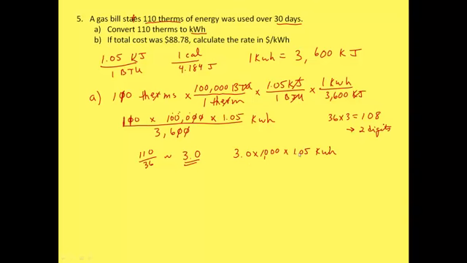We just multiply the 1.05 times 3 and end up with 3 and let's say 3.1. Actually 3.15, and the 3.15 moves up to 3.2. So 3.2 times 1,000, and that is equal to 3,200 kilowatt hours total time.